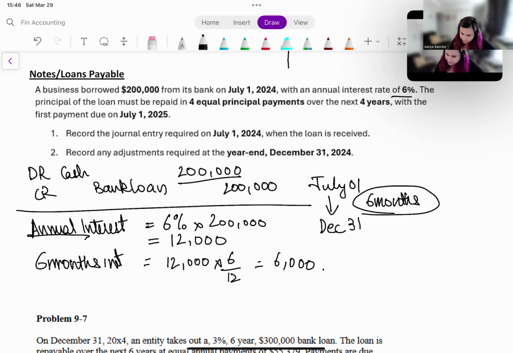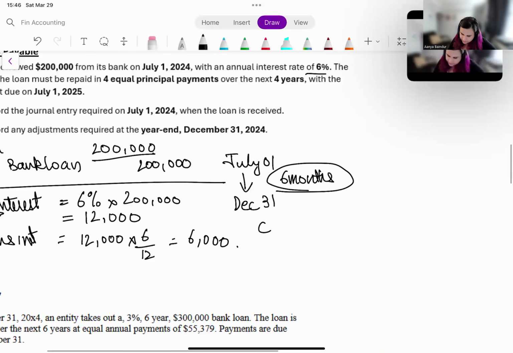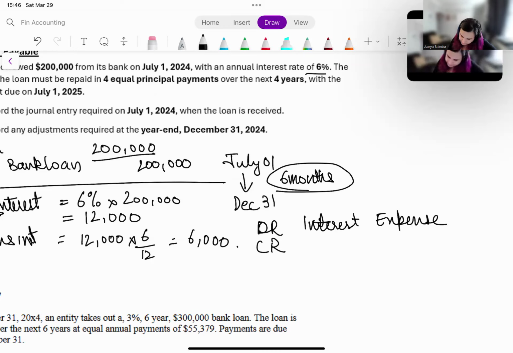So we have to set up the journal entry for this. That's a debit and a credit. The debit is interest expense, and the credit in this case would be interest payable.